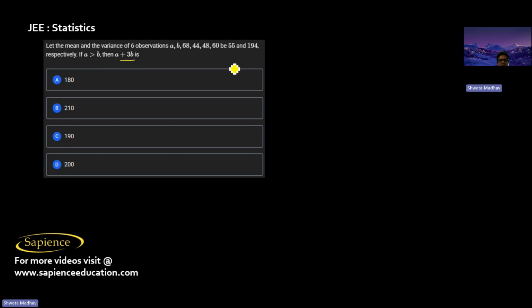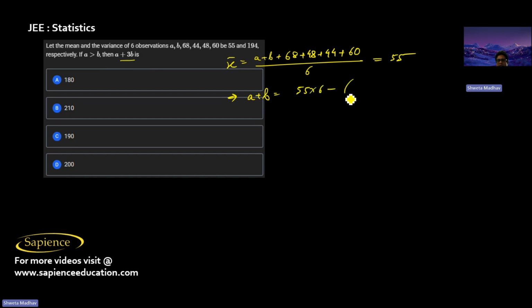So the mean value will be equal to A plus B plus 68 plus 48 plus 44 plus 60, divided by 6 observations, that is equal to 55. So therefore, I can say A plus B will be equal to 55 into 6 minus 68 plus 60 plus 48, that is 108, plus 44.